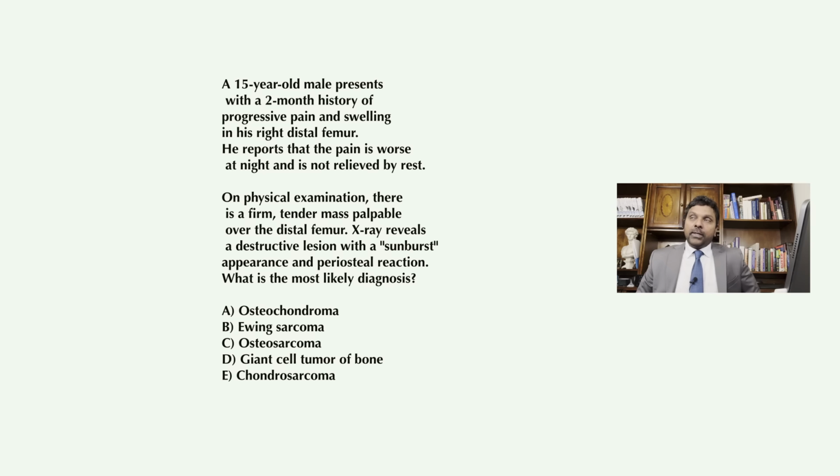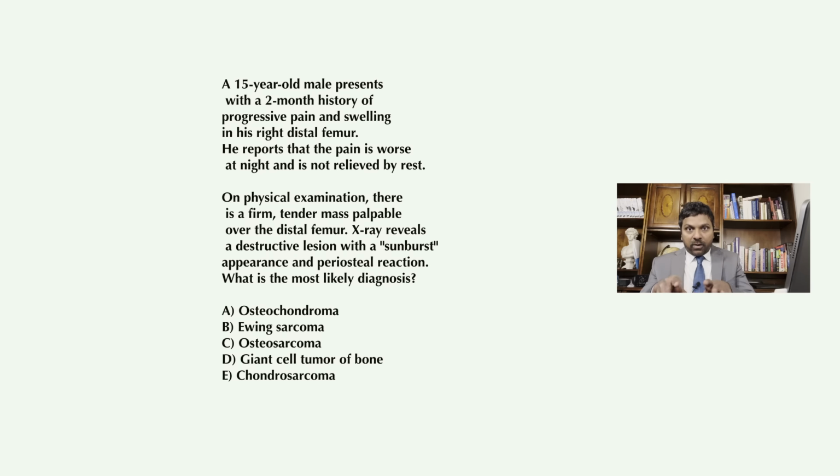Basically, you are separating them based on clinical features. Age also helps you. For example, osteosarcoma is a childhood disease, whereas chondrosarcoma is an adult disease. You need to know that to come to the proper diagnosis. Also, where is this cancer appearing?